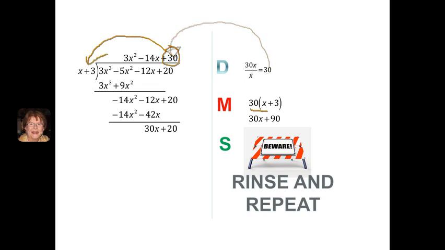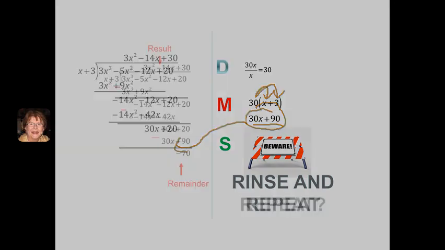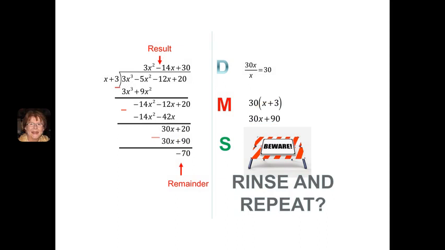30 times x plus 3. 30 times x is 30x. 30 times 3 is positive 90. Where do I place that 30x plus 90? I place it in the dividend. Then what do I do?